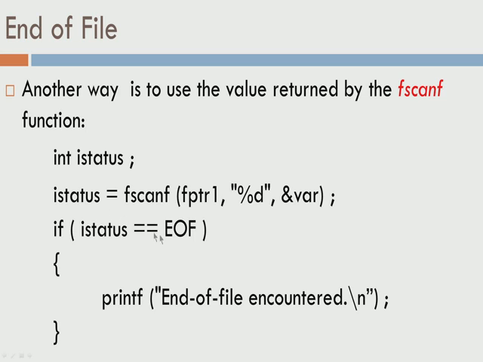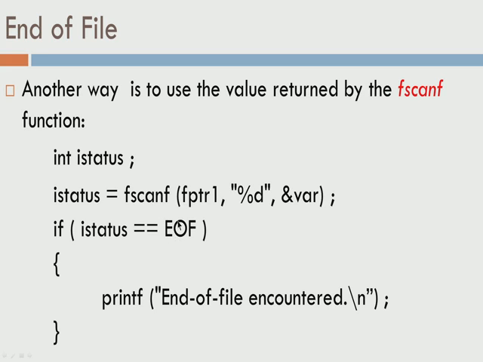So there is a special value called EOF, capital E, capital O, capital F. So that's a special value. If fscanf returns this special value, then it means there was some problem in scanning, which actually indicates that you have reached the end of the file. Otherwise, fscanf would return a value which is not EOF.